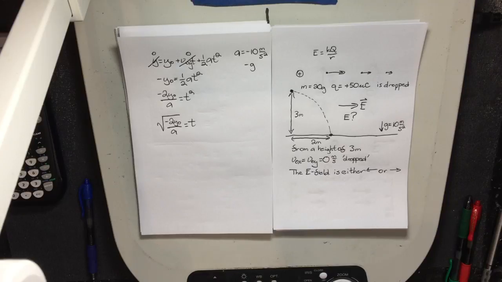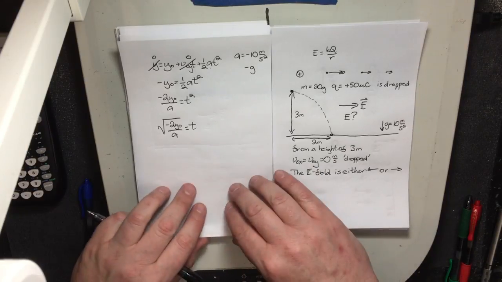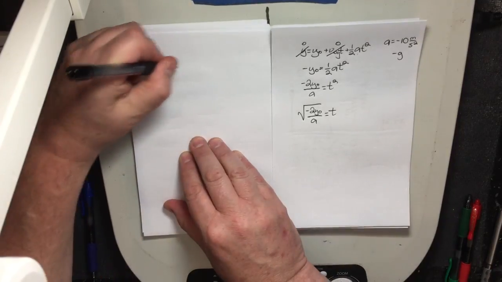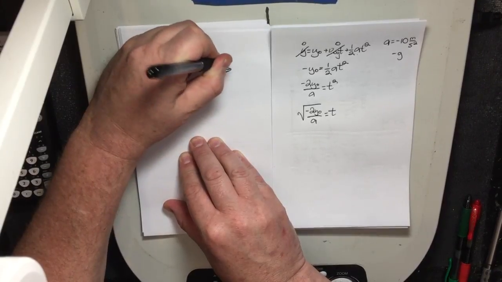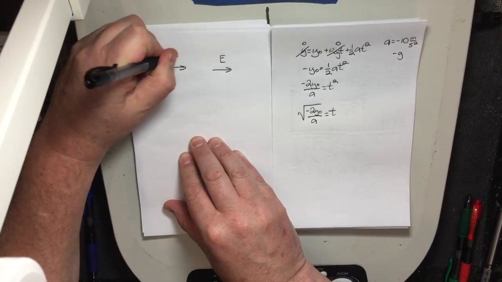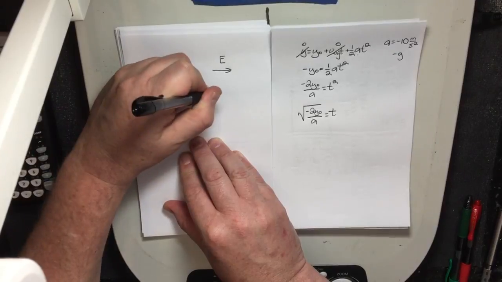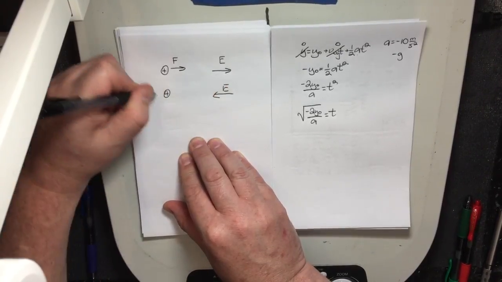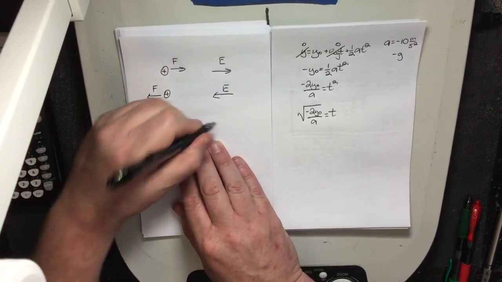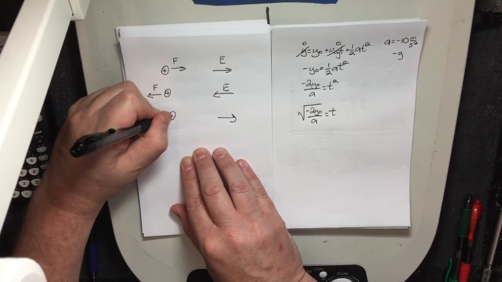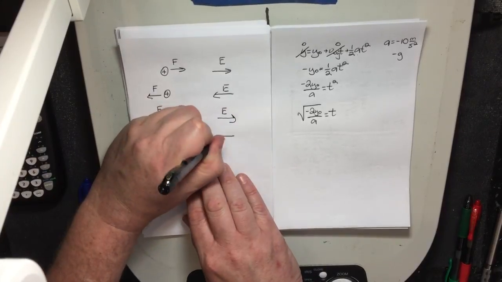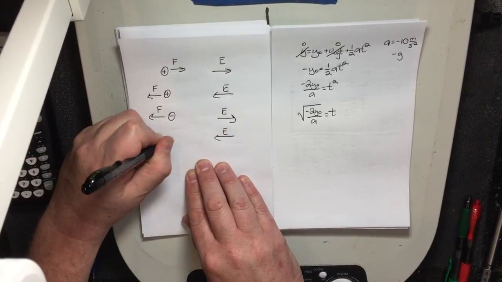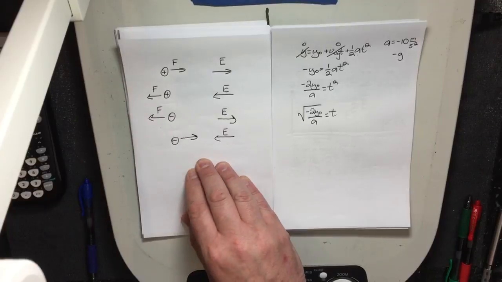And now it gets into all sorts of potential types of problems. So positive charge, electric field, forces to the right. Positive, forces to the left. Charge negative, force to the left. Charge negative, force to the right.